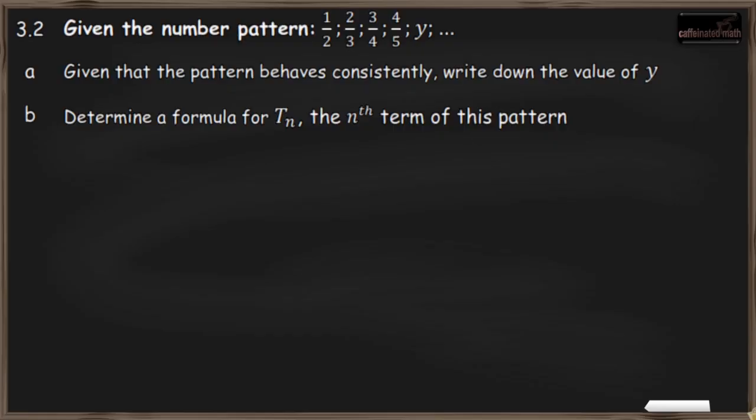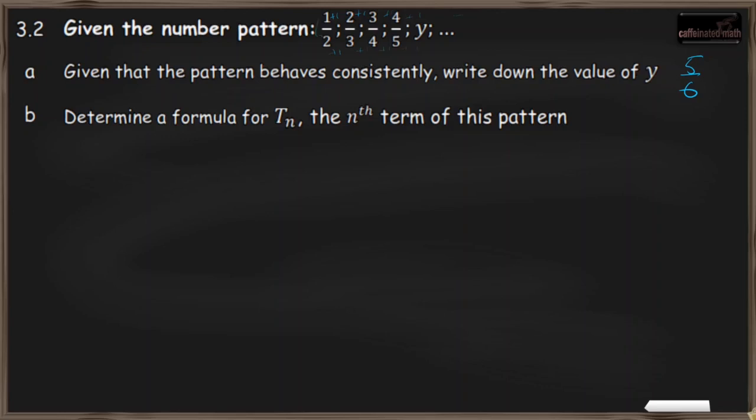Here we go. So given the number pattern 1 over 2, 2 over 3, 3 over 4, 4 over 5, y should be equal to 5 over 6, because we can see the numerators are just plus 1, plus 1, plus 1, plus 1, and then the same thing is happening at the bottom, plus 1, plus 1, plus 1, plus 1.